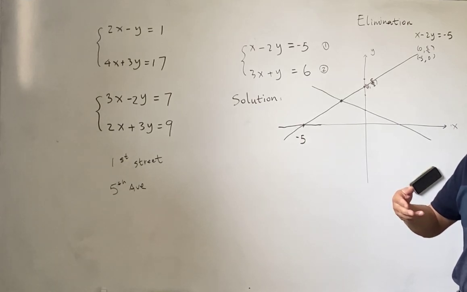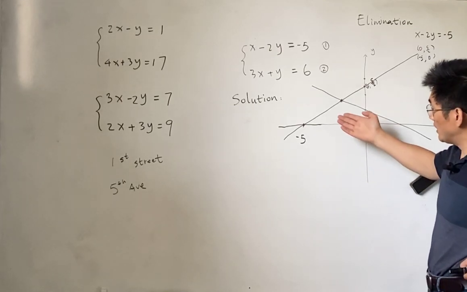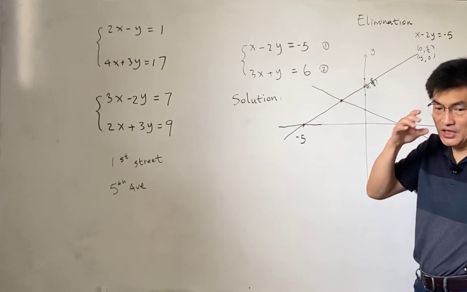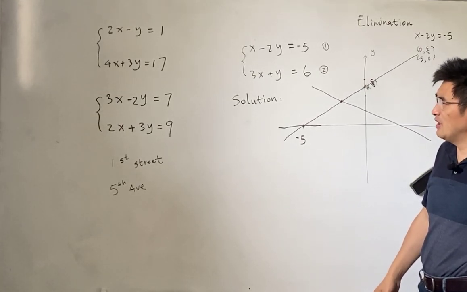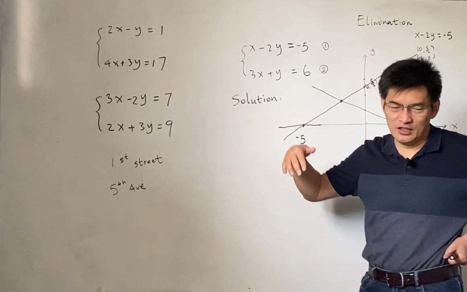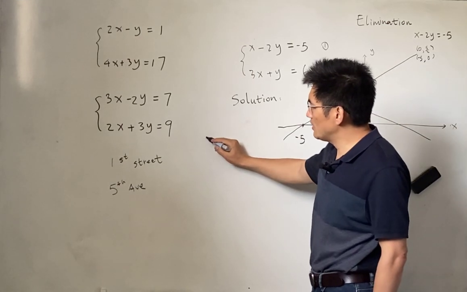I would really doubt if you solve system equations in school, somebody would give you two equations that will make two parallel lines. That's not very likely, but I still want you to know that, right? And they would not very likely give you two equations that are actually the same equation. So what do I mean by two equations that are the same equation?